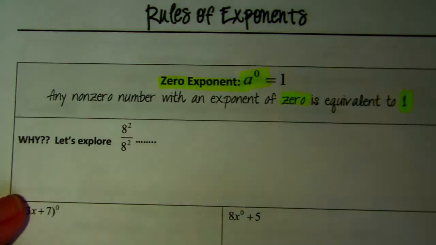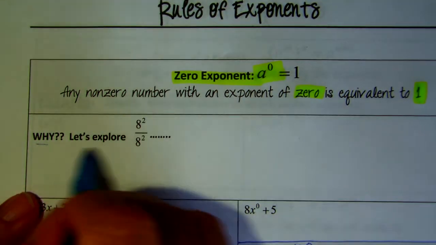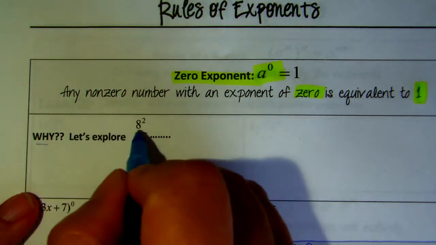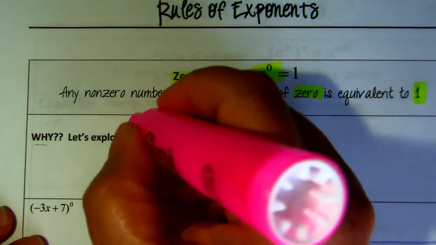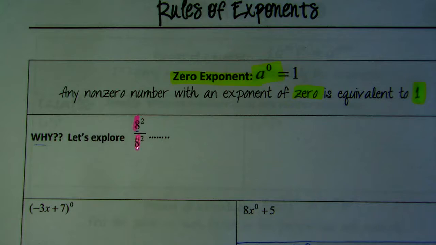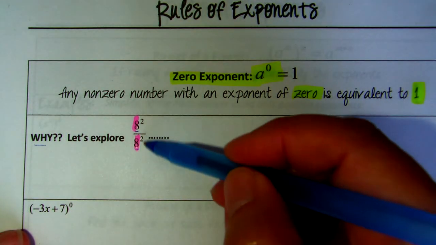All right. So over here says why. Let's explore. Now remember that the base is the same. In this case, our base is the number 8. Now, remember the law of division.